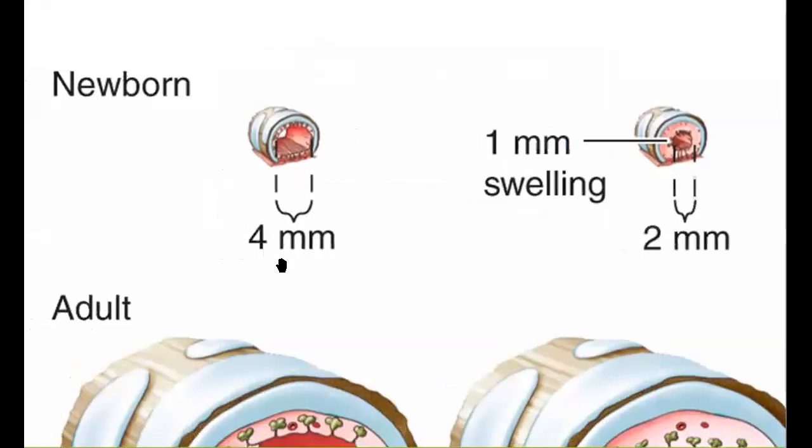They say you can estimate a child or infant's airway size by looking at their pinky finger, FYI. That's not an exact science. You take a tube out, and now they have 1 millimeter of swelling. You have decreased the diameter of their airway by half. Let that sink in, by half.